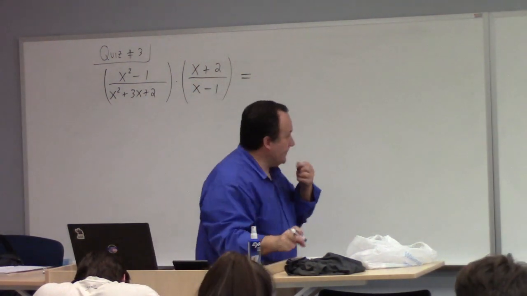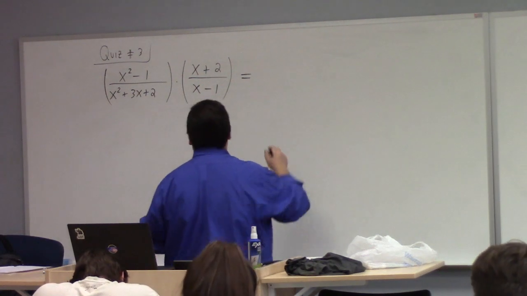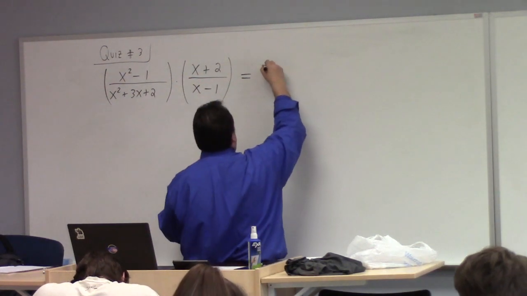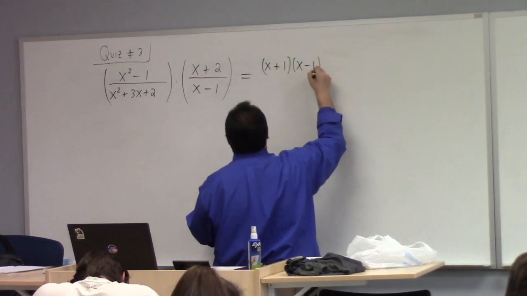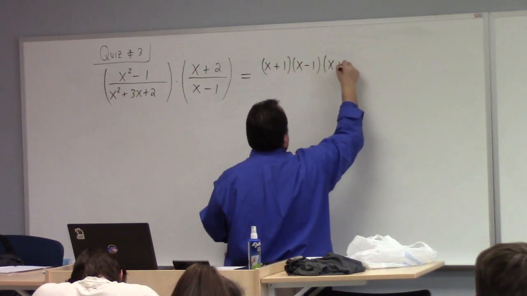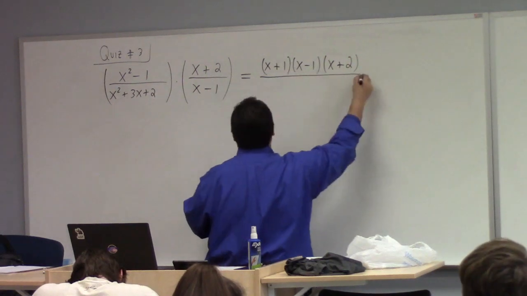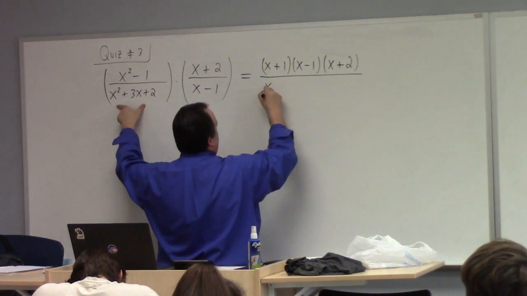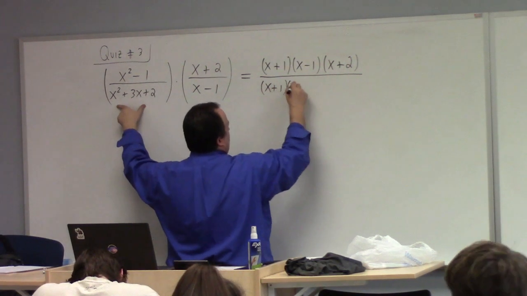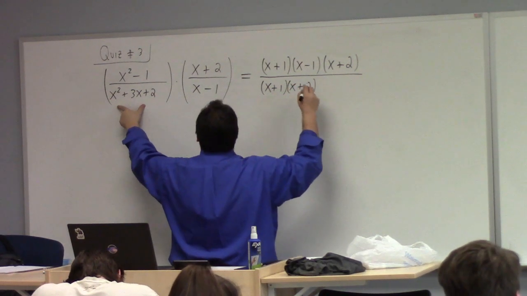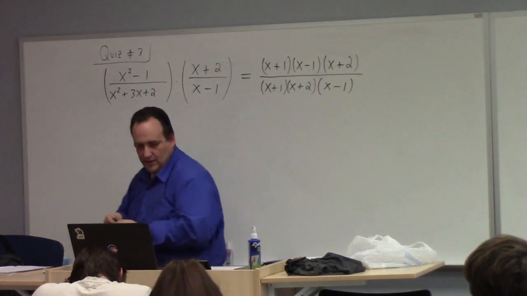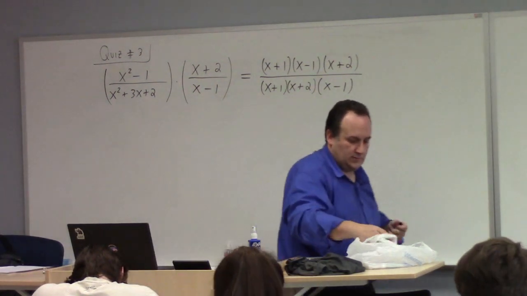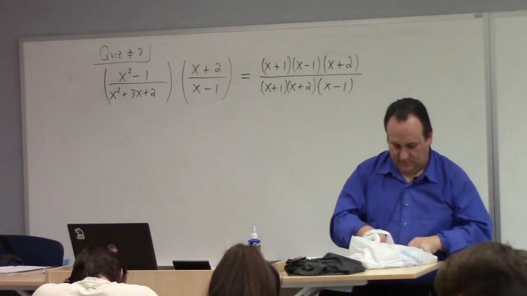All right. And so what I did was we're supposed to multiply or simplify or both. So x plus 1 times x minus 1 times x plus 2. Does the denominator factor? Indeed it does. This is x plus 1 times x plus 2 times x minus 1.